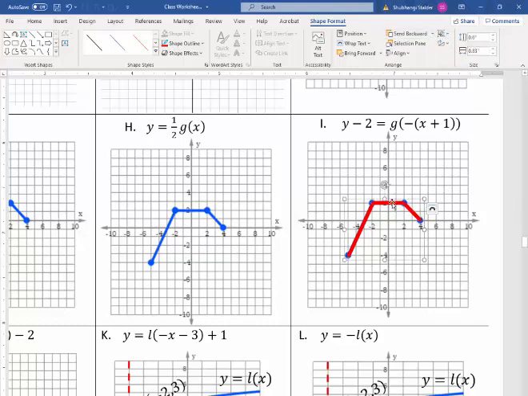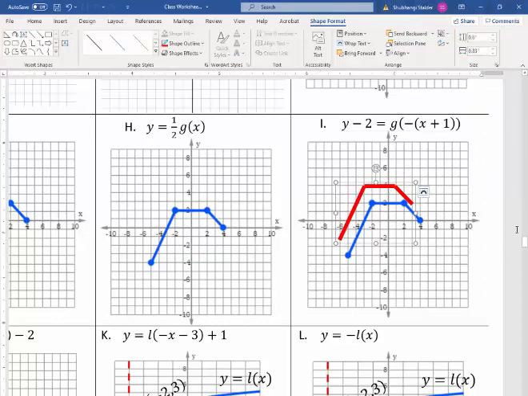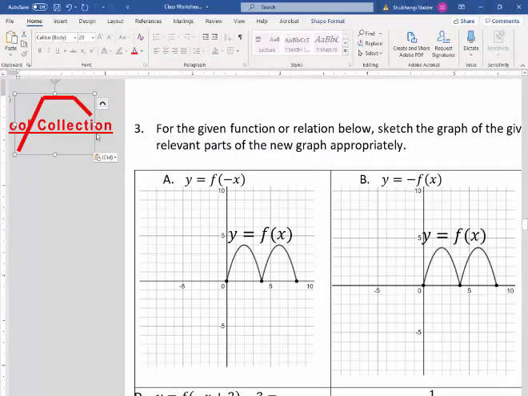All right, so y minus 2 will take it up 2. So 1 and 2. You okay with that part? Yep. Okay, then x plus 1. That means it shifts to the left one, so it will go there. You okay with that part? Yeah. Okay, so now once you have that part, I'm going to paste it and bring it back.